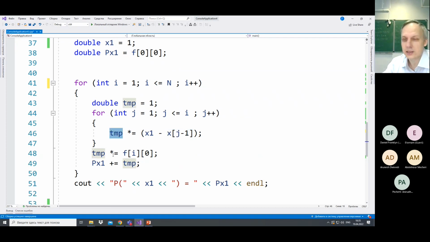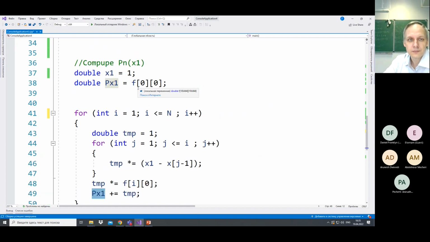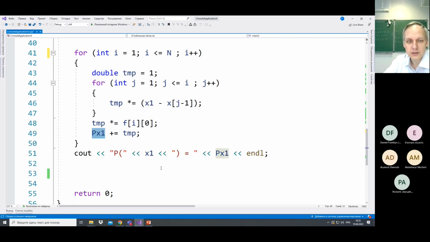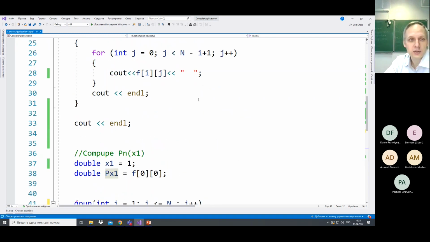I compute the product in P, multiply it by the divided difference, and add it to the value of the polynomial. Using these two loops, I can compute the value of the polynomial.